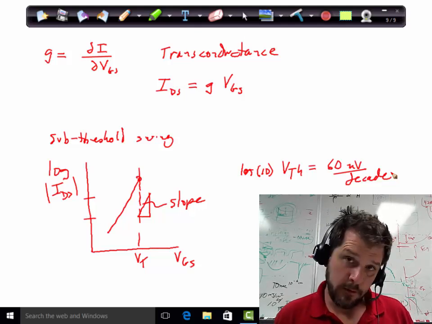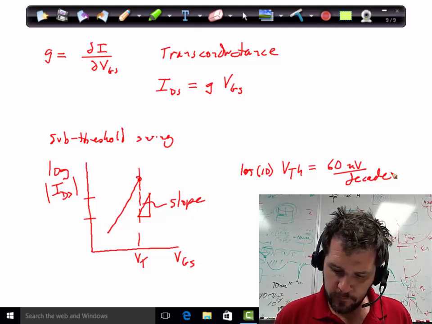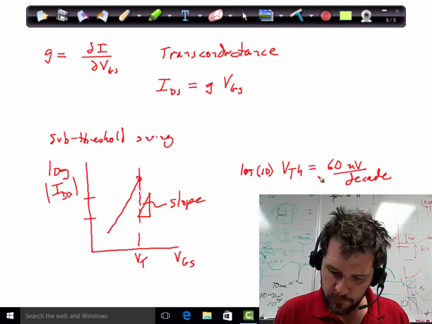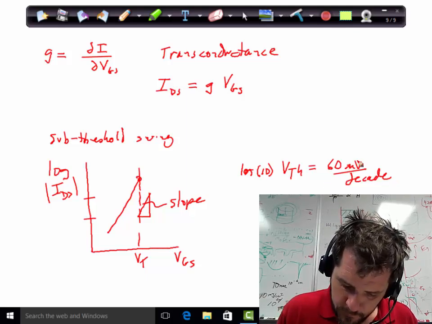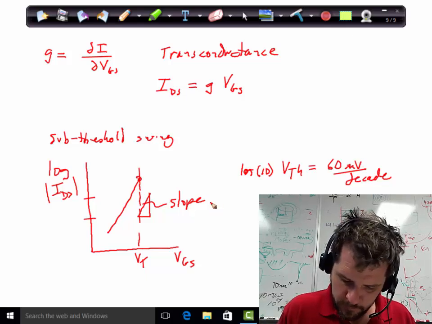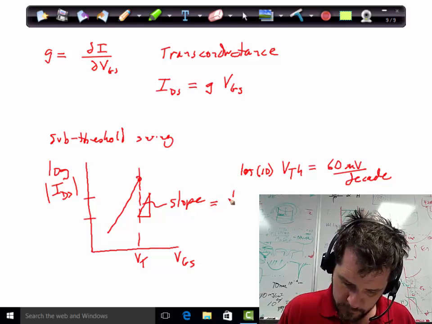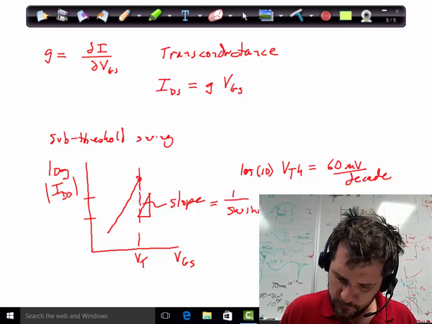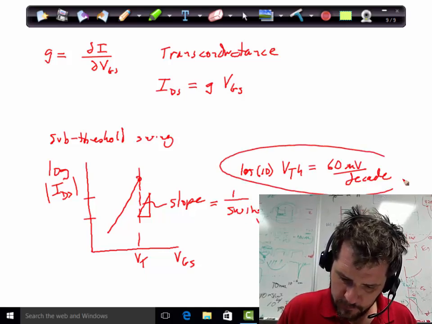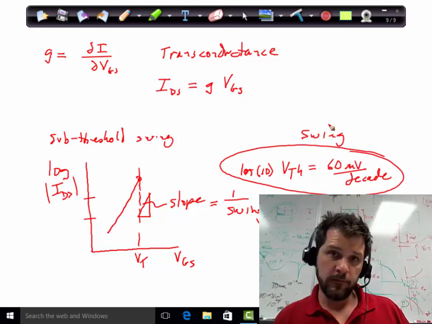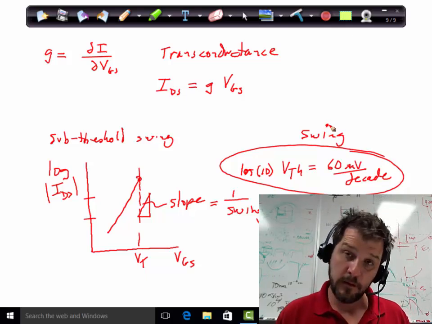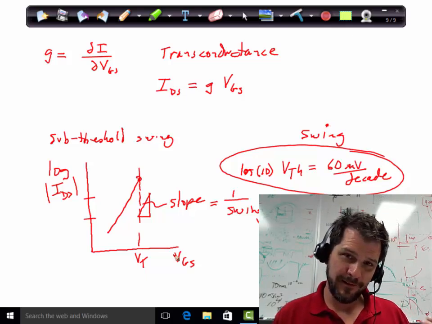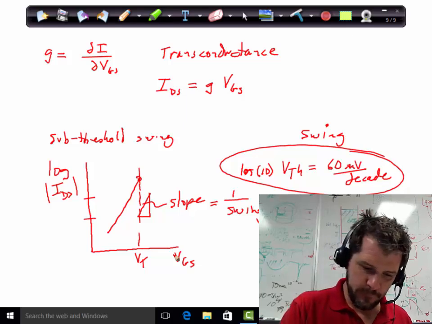We'll physically discuss this, but the number that you're looking for if you're trying to make the best MOSFET possible will be to push that subthreshold swing, which is 1 over the slope, towards this 60 millivolts per decade. So again, the swing is given in voltage per decade of current. The slope of this plot over here that we made obviously is in decades per volt.